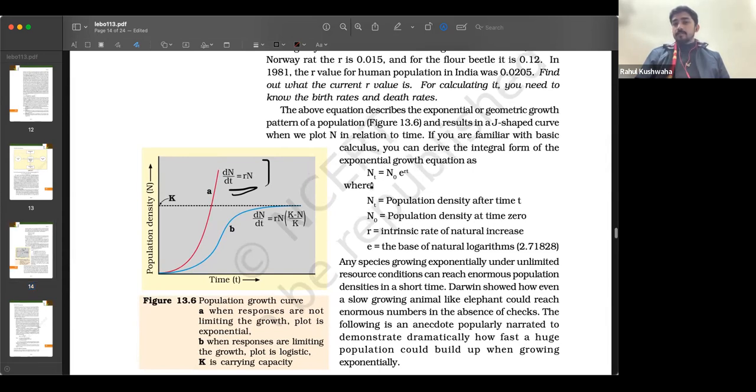You can also call it Nt plus 1 if you are taking this as Nt. The initial population NCERT has taken as N0. Can you see this N0? And Nt is at any time where you want to find the population density. So Nt is equal to N naught, or the initial population, into e raised to power rt.